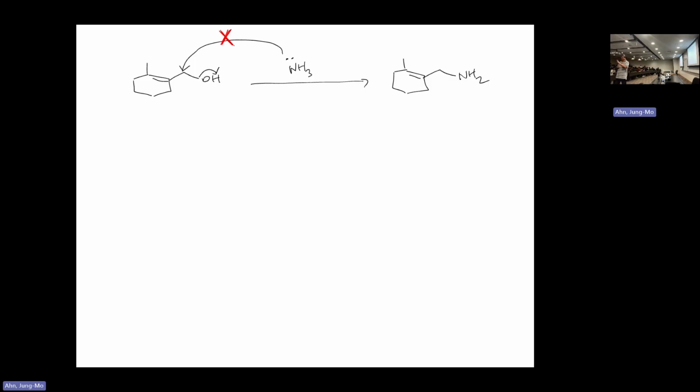There are a couple of ways to do it. One, you have to change the hydroxy group to something else that can be a good leaving group, like bromide. So if you use HBr, the hydroxy group will be protonated, and then it will pop out as neutral water. Then you get this cation, and you expect the amine to capture it and make this.